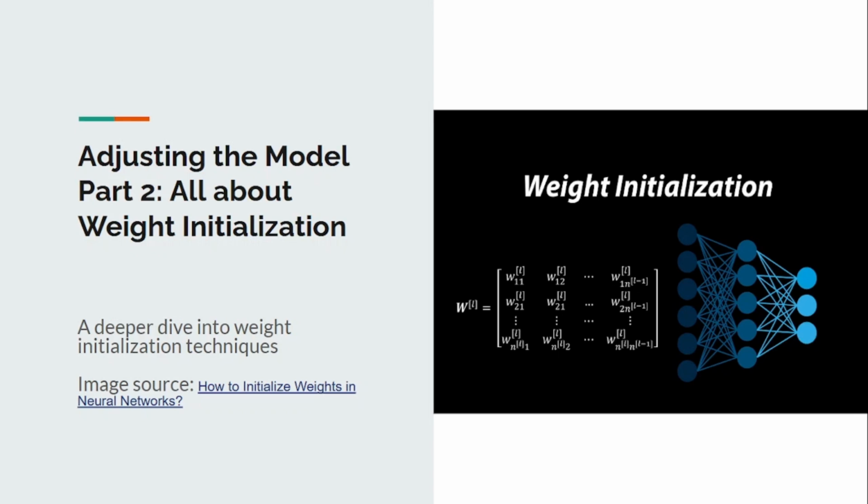Poor weight initialization can lead to issues such as vanishing gradients, exploding gradients, or slow convergence, making training inefficient or even preventing the network from learning altogether. This is especially important in deep networks where multiple layers depend on backpropagation to adjust weights effectively.